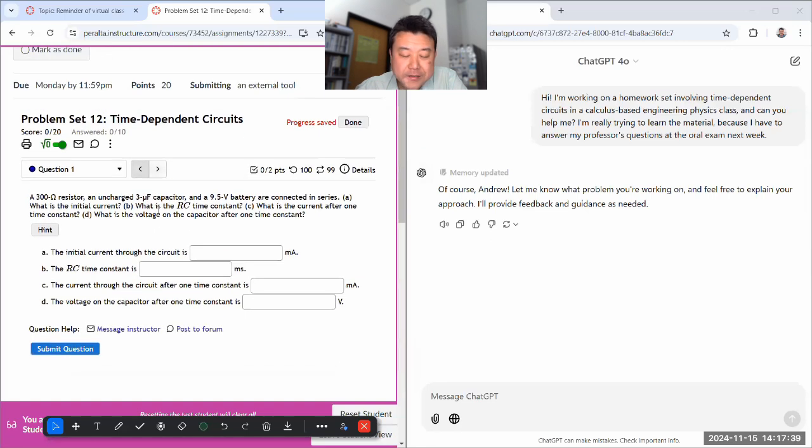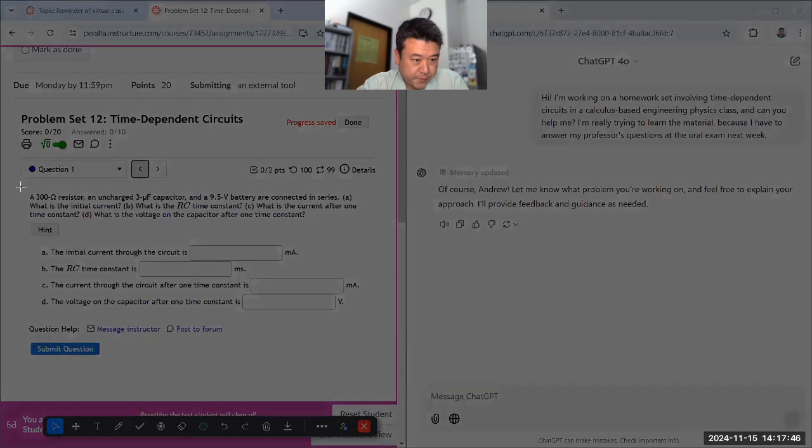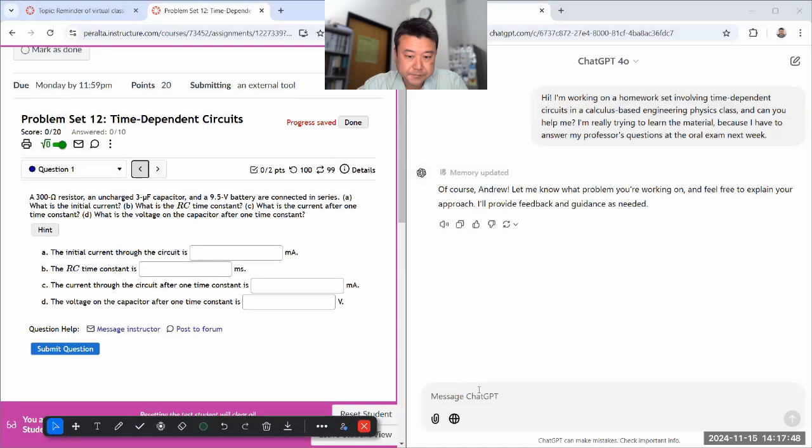And let me just, as a reminder, demonstrate one thing that ChatGPT won't be able to help you with. So, for example, if we were to give it this question and ask it, it says that these circuit elements are in series, and I'm having a difficult time visualizing it.